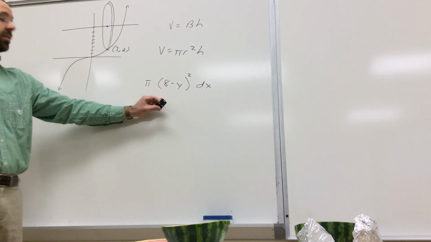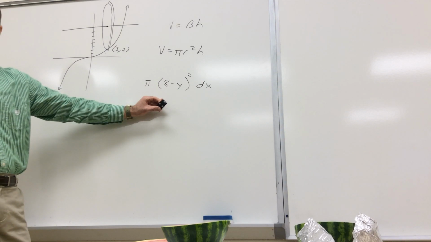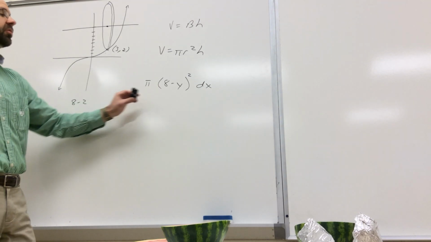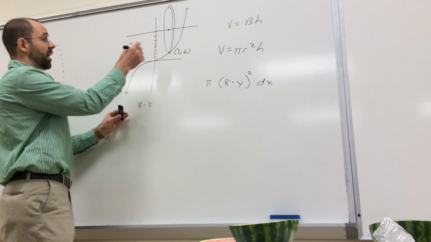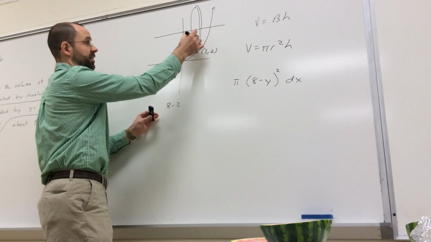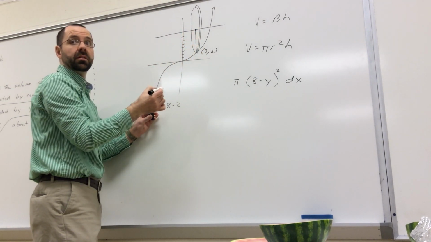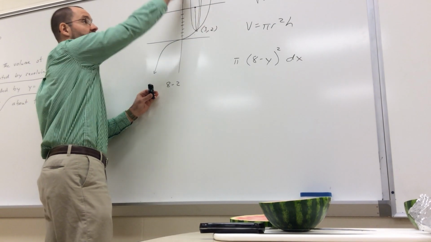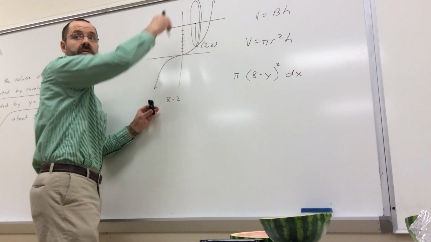Yeah, go ahead, Ashley. How do you know that y equals 8 is the point of the radius? I don't totally understand that question. All I know is that I needed to find this distance. Because I revolved. Okay, okay. You're good? Yeah.